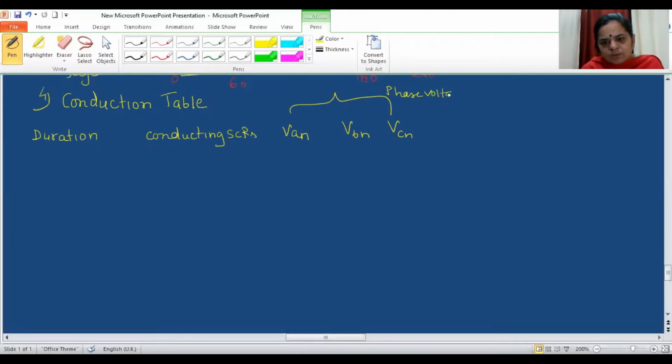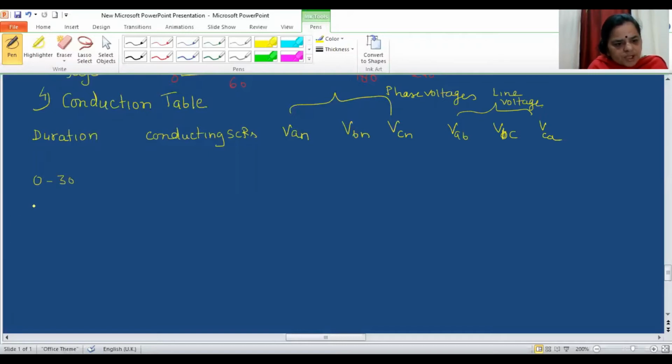So we are going to calculate the phase voltages, and at last we are going to calculate the line voltages VAB, VBC and VCA, and they are nothing but the line voltages. So for the conducting SCRs in a particular duration, we are going to calculate the phase voltages and line voltages across the load. So first, let us start the duration at an interval of 30 up to 360.